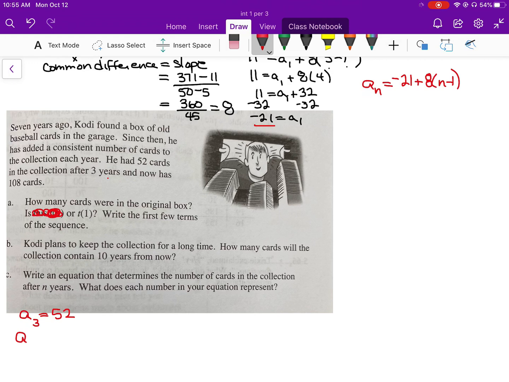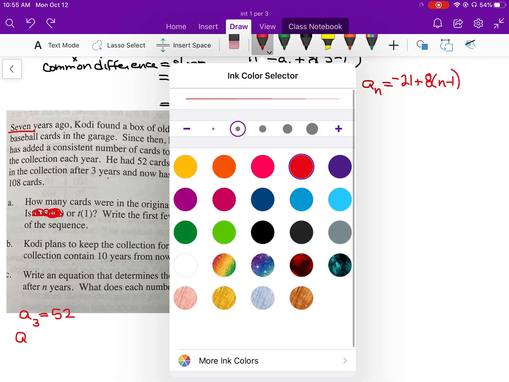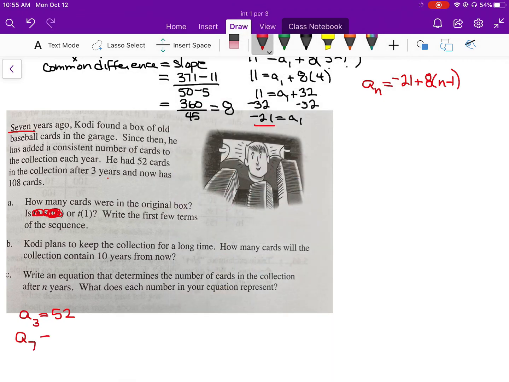You do know the number, the time. 7 years ago. So it's A sub 7 equals 108. A sub 7 equals 108.